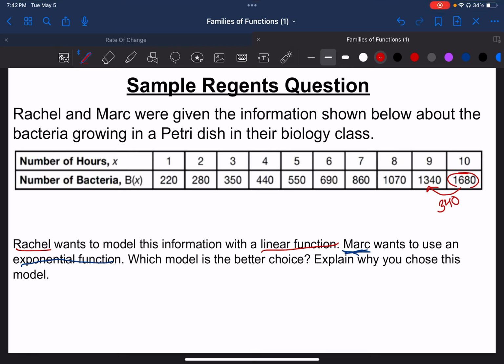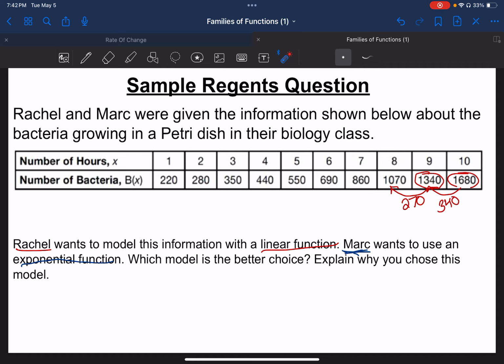Now let's find the difference between this one and this one, right? So I'm going to subtract 1,340 minus 1,070. And that actually gives me 270. So right there, I can tell that this is not a linear, okay?